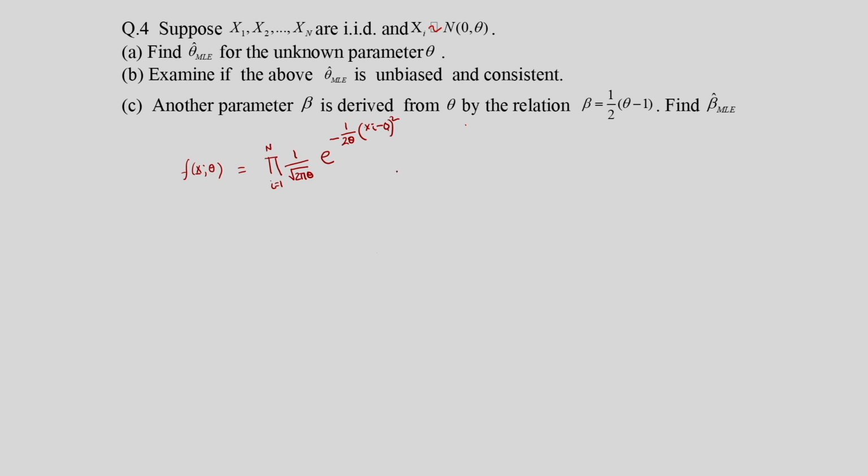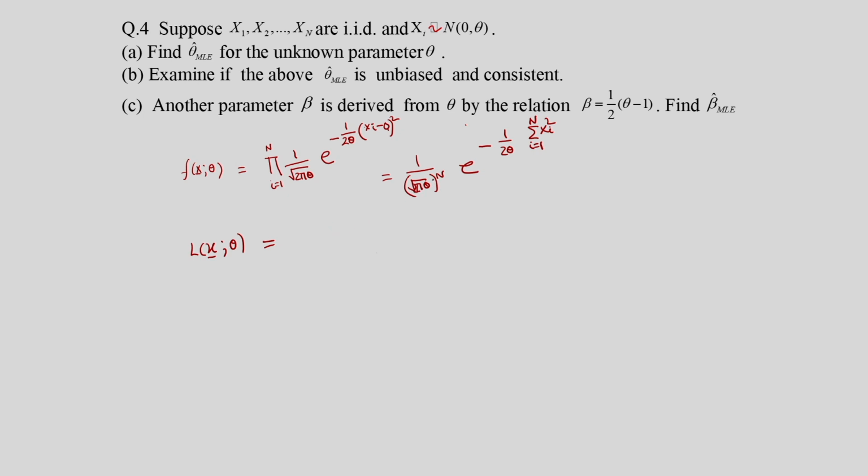Okay. So, this is equal to 1 by (root over 2 pi theta) to the power n into e to the power minus 1 by 2 theta into summation xi square, i going from 1 to n. Now, if I take the log of this expression, that is L of x, theta will be equal to, now there is a theta to the power n by 2.